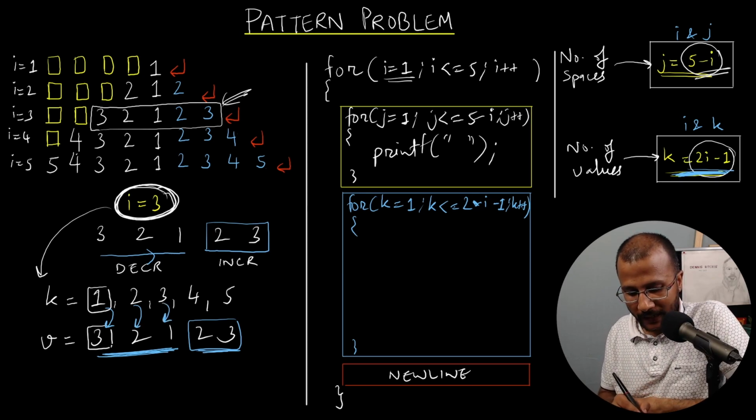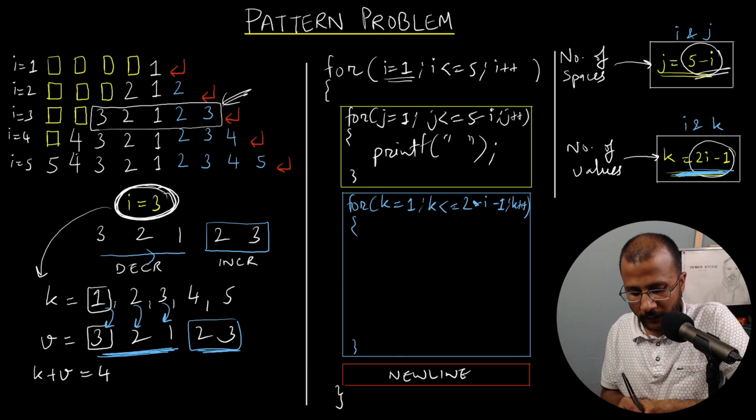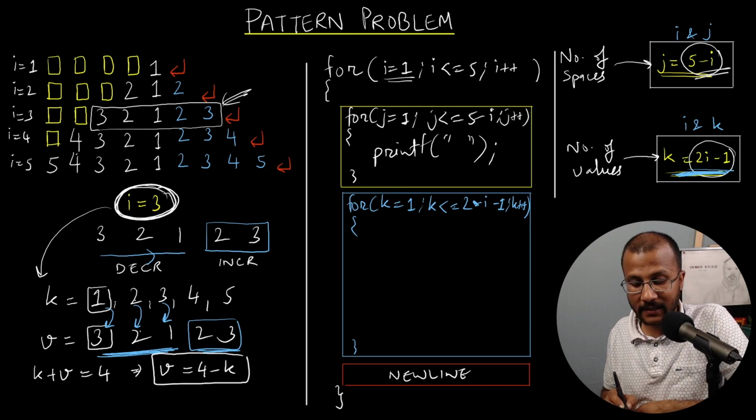If you just look at this, I can write k plus v is equals to 4. 1 plus 3 is 4, 2 plus 2 is 4, 3 plus 1 is 4. Right? So from this, can I write my value that is to be printed is 4 minus k? I already have 4 with me. So the value to be printed is 4 minus k.